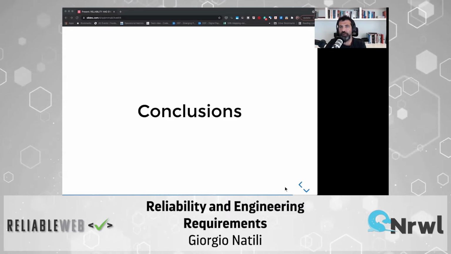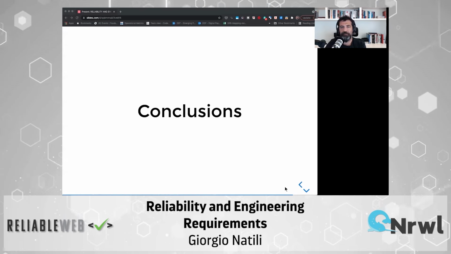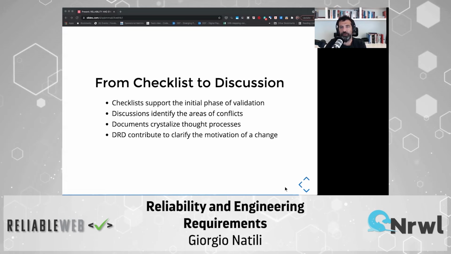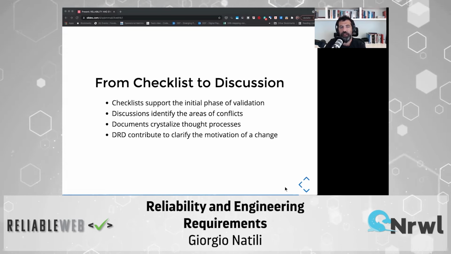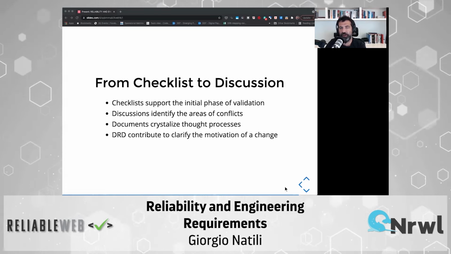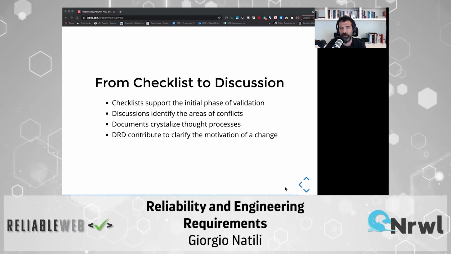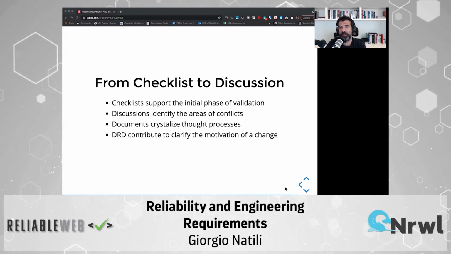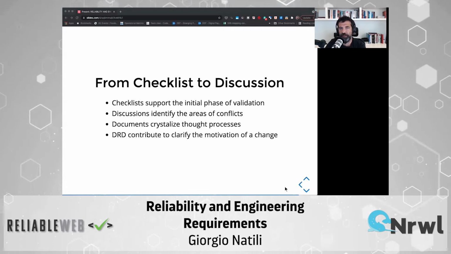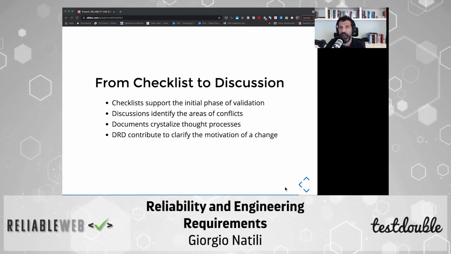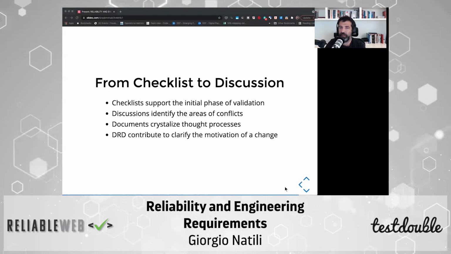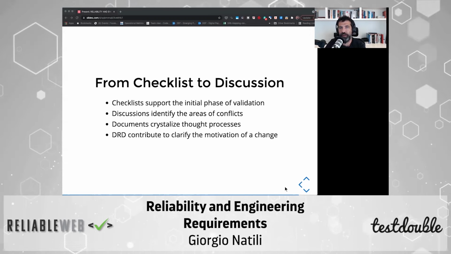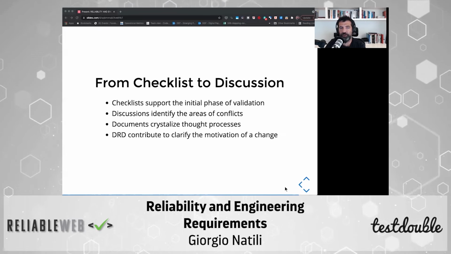So let's recap what we discussed so far. We discovered how we can move from checklist to discussion, and how discussion is a tool to identify areas of conflict, and how documents make clear and crisp the thought processes around your requirement and your system, and how these can be different or similar to the needs of every stakeholder in your project.